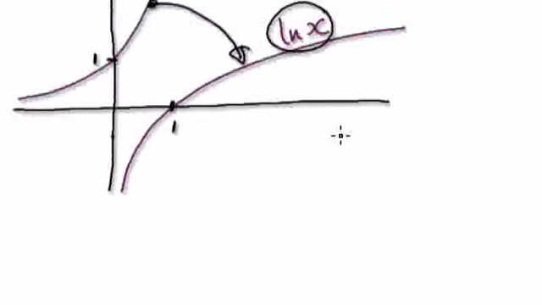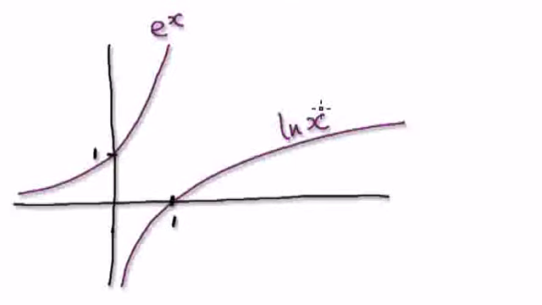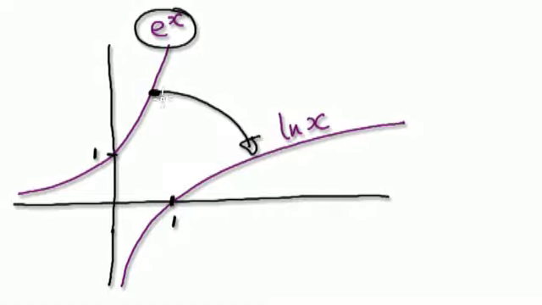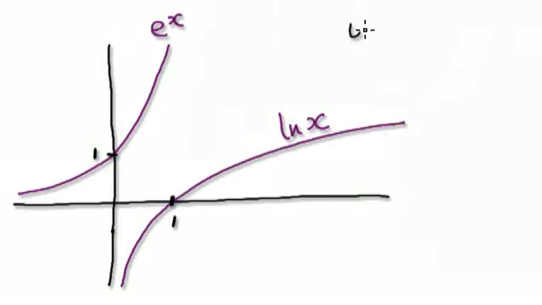Now, here's the thing. Our aim now is to try to differentiate this natural log of x. So we came up with e to the power of x, and then from this, we in a way manufactured the inverse version. So in this video, we're going to try and find the gradient, the derivative of this line here, because our ultimate aim is to find out the derivative of a to the power of x.